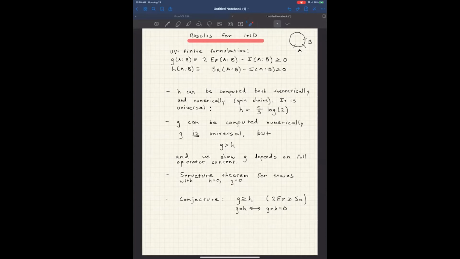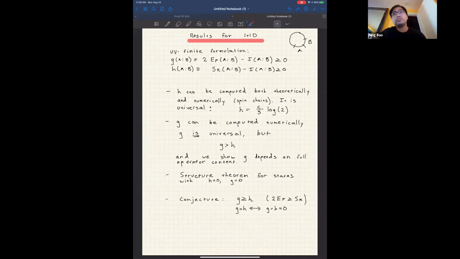And from the structure of that, it looks like we're working to prove actually that G needs to be greater than H, and that if this holographic conjecture is saturated, so G equals H, those are states where G equals H is 0, and they're actually kind of trivial. So we think there must be a pretty large correction to this conjecture that G is equal to H. Okay, but hopefully I can get to the numerics.